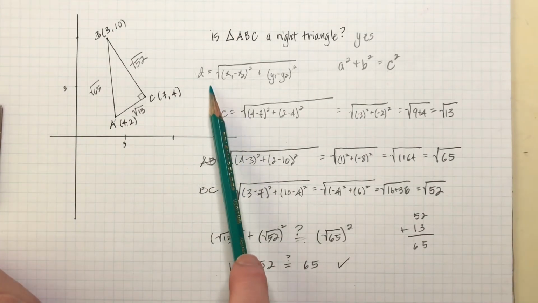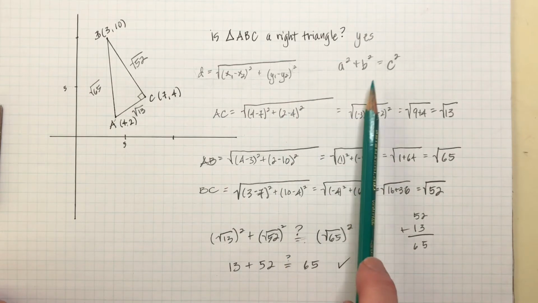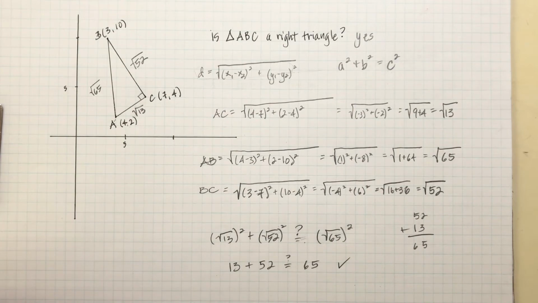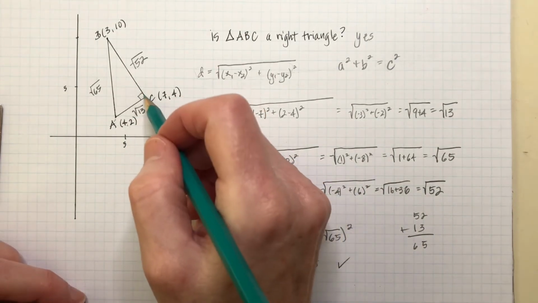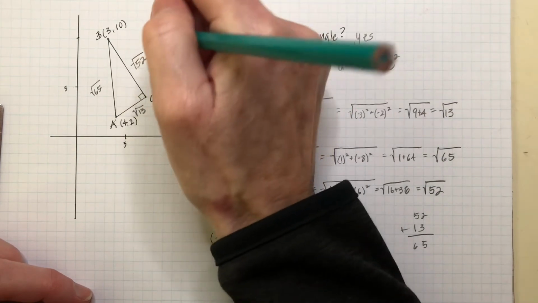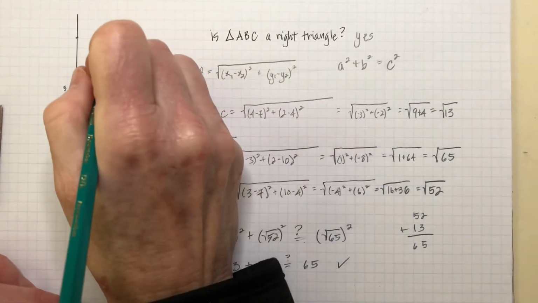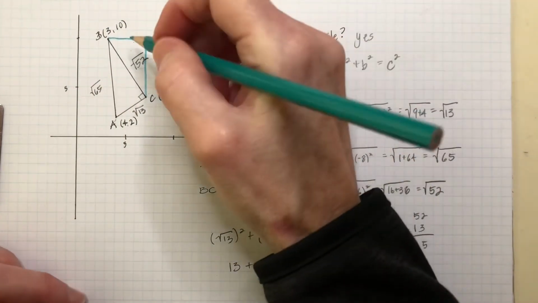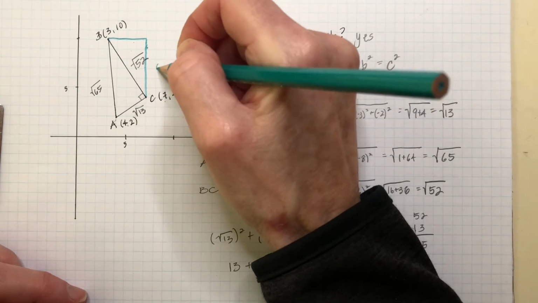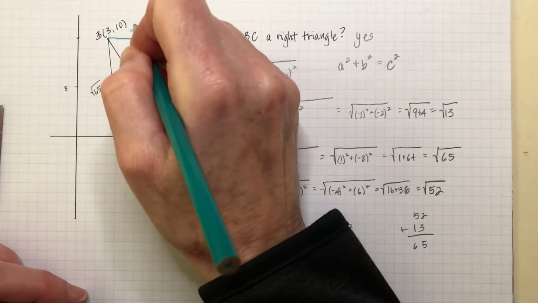So as promised, here's just a little extra bit about why this distance formula is actually the Pythagorean theorem. It's just in a different appearance. So if we look at this triangle and say, well, I could actually find this length if I made a right triangle right over here. And then I can just count, like this side is 1, 2, 3, 4, 5, 6 units, and this side is 1, 2, 3, 4 units.